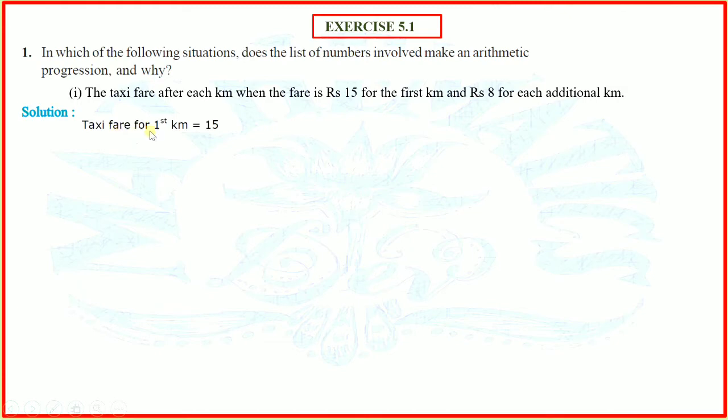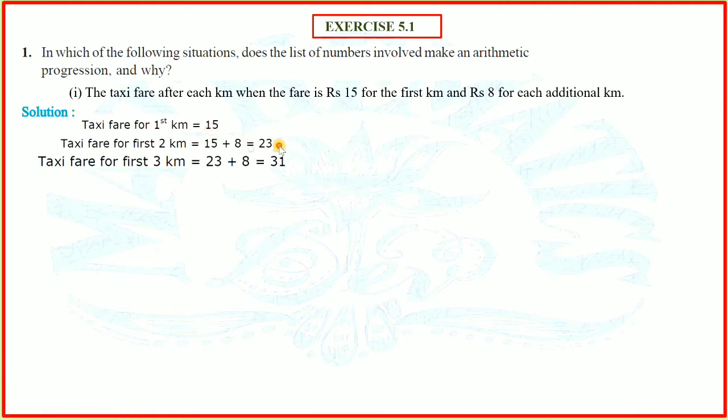So the taxi fare for the first kilometer is rupees 15, and the taxi fare for the first 2 kilometers means first kilometer 15, and for the second kilometer this 8 will be added. So 15 plus 8 is equal to 23. The taxi fare for the first 3 kilometers: first is 15, second is 23, and then 23 plus 8 is equal to 31.